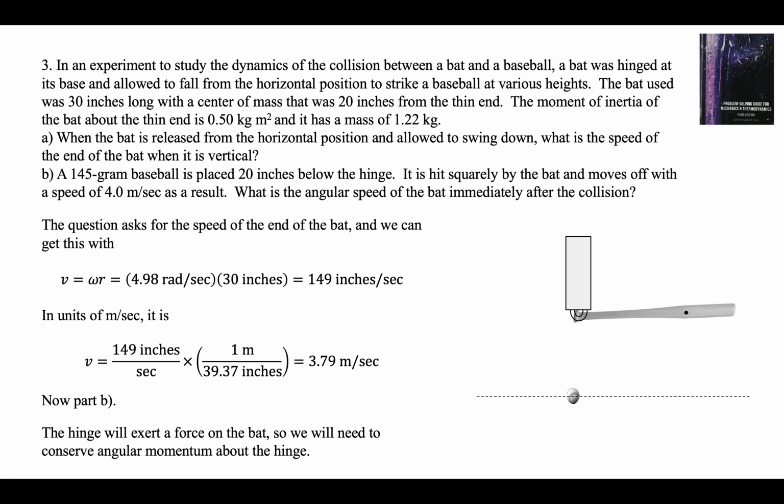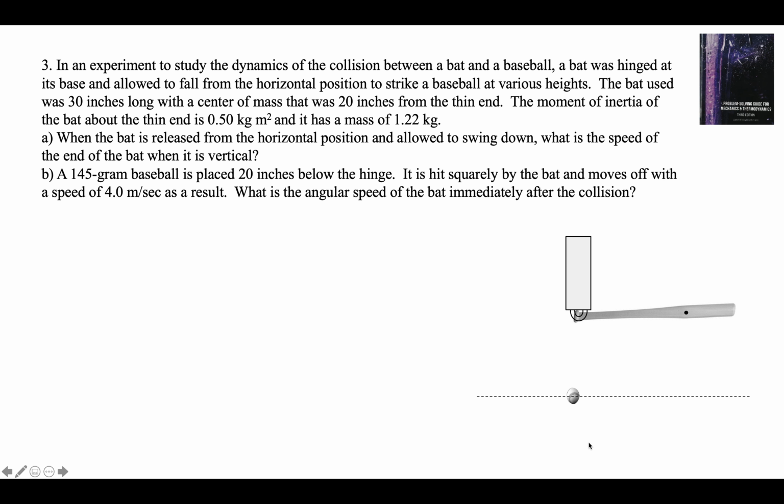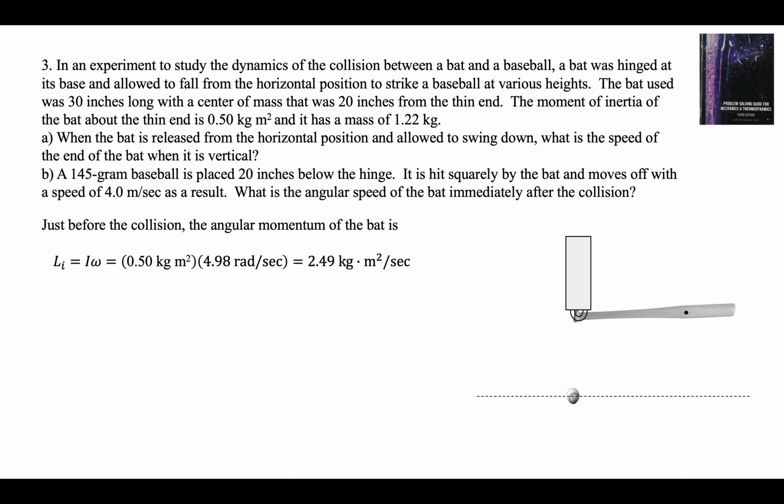So we know the angular speed of the bat, and we know its moment of inertia, so we know the initial angular momentum in the system just before the collision. It's I omega, and we calculated omega was 4.98 radians per second. I is given, and we get the initial angular momentum, 2.49 kilogram meters squared per second.